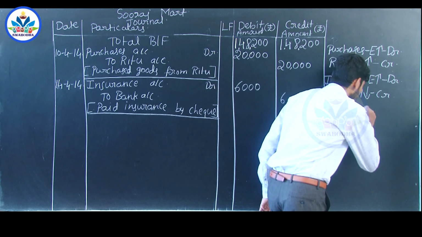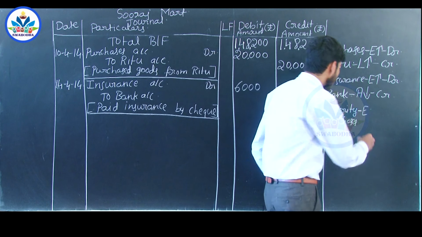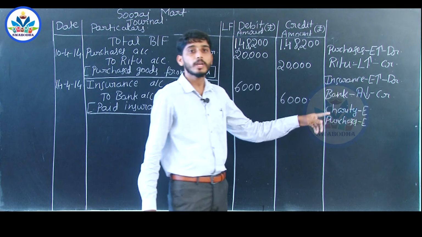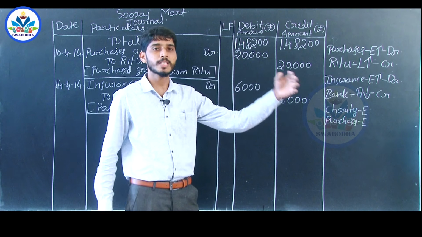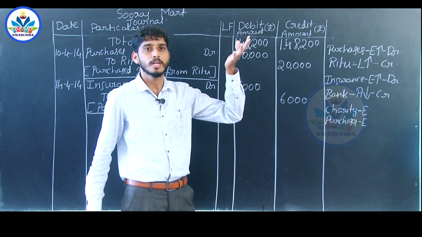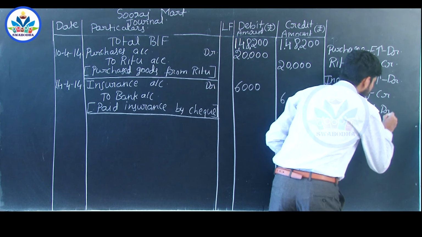It is considered as an expense. Purchase is also an expense. Whenever you are giving away goods from your business in the form of charity to any outsiders, your expenses will increase. So, increase in an expense has to be debited.